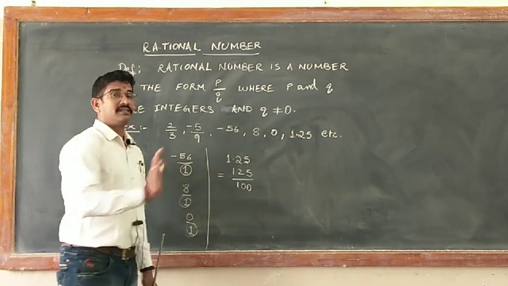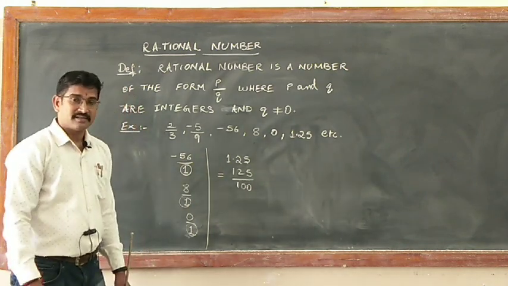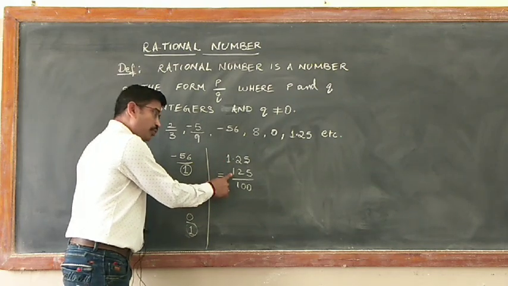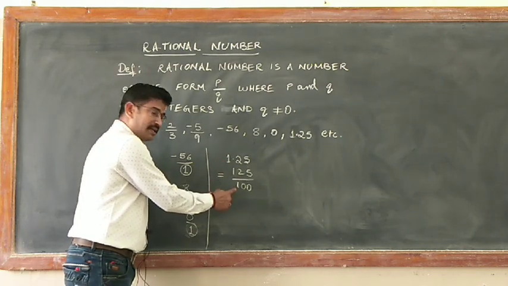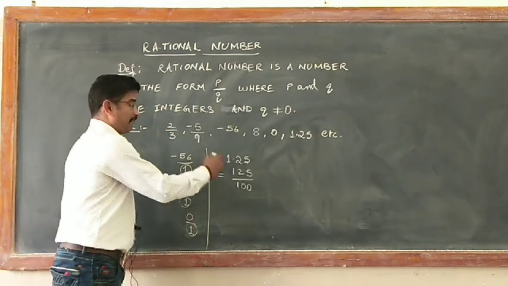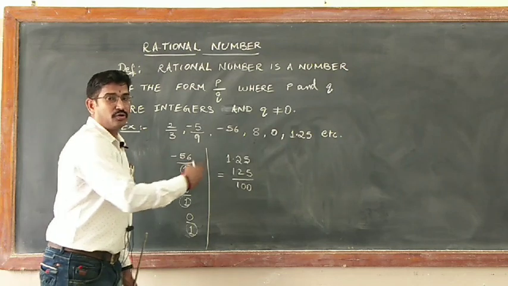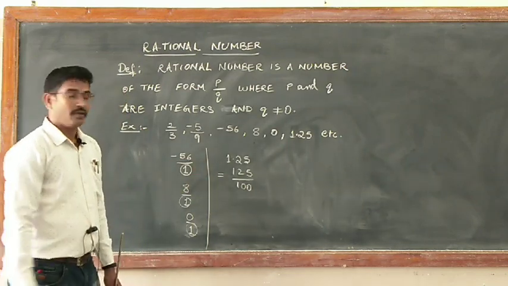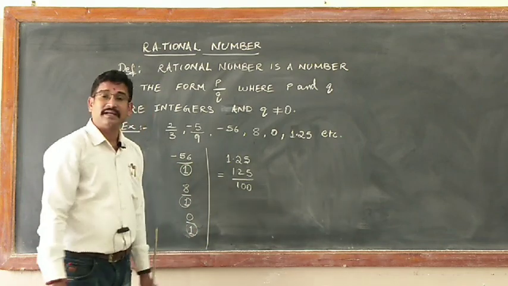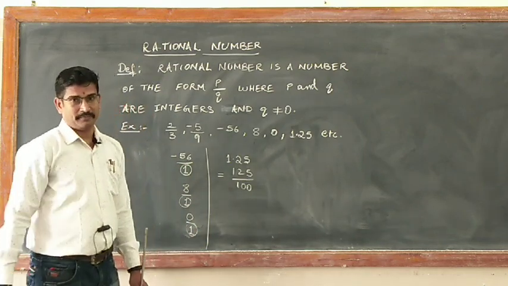Whereas it is not in a simple form, as there is a common factor between numerator 125 and denominator 100, through which both numerator and denominator can be cancelled. What is the common factor of 125 and 100? It is 25.